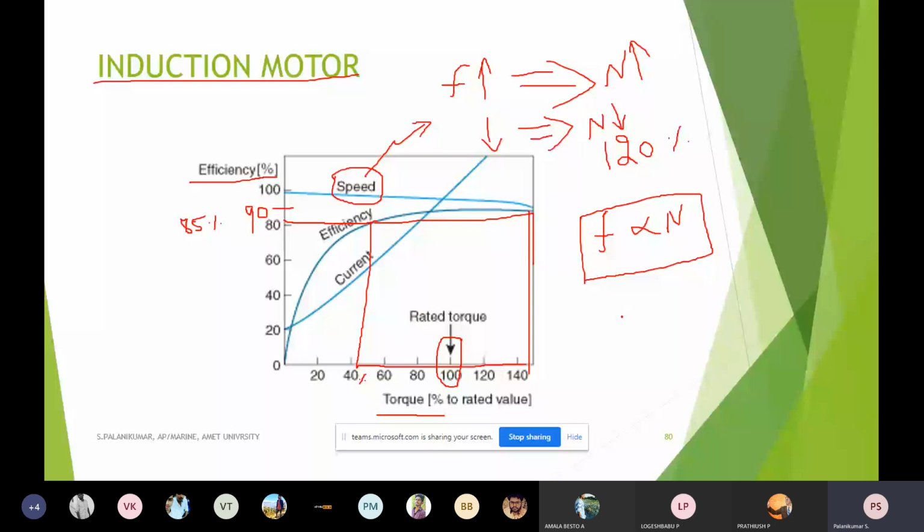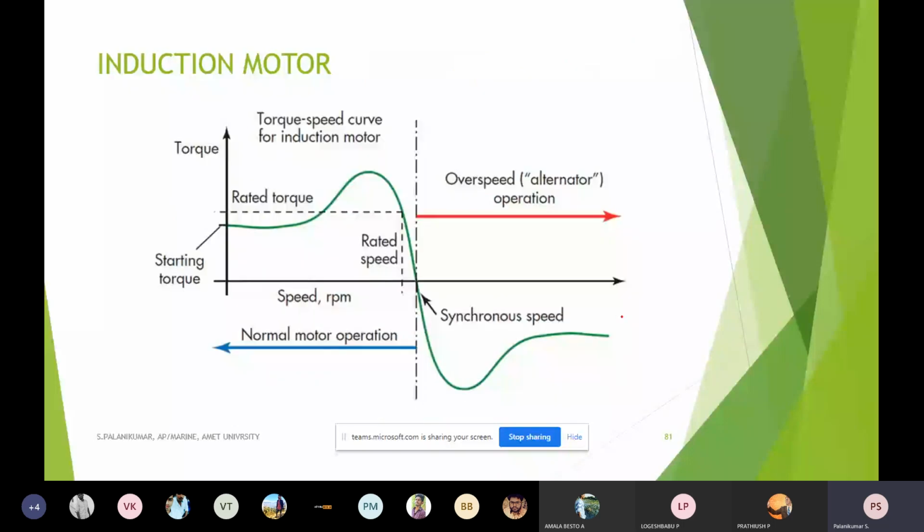Another important characteristic of the induction motor is that we can change the motor operation to generator operation. When the speed of the motor reaches its maximum speed, after that point the torque reverses.